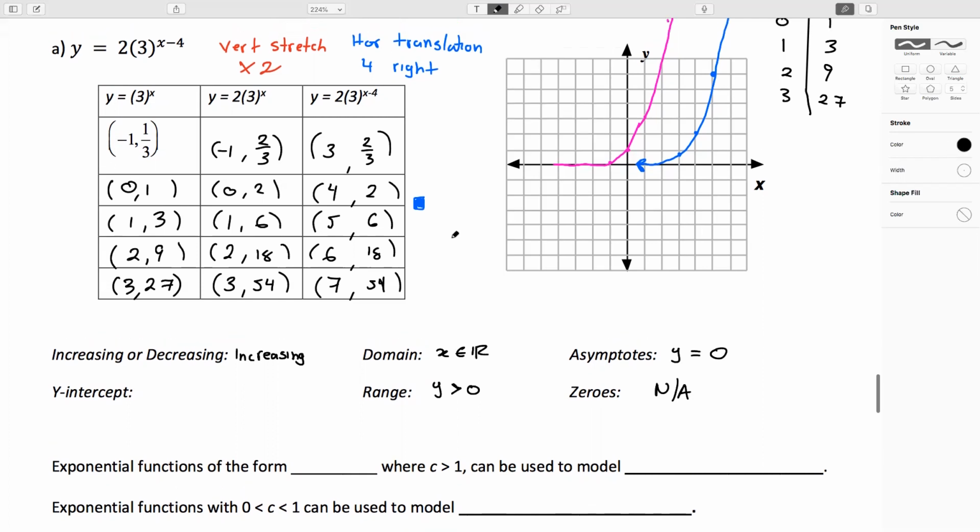If we do that, 2 times 3 to the 0 minus 4 gets us 2 times 3 to the negative 4, which is 0.025. Which is close to 0, as we would expect.